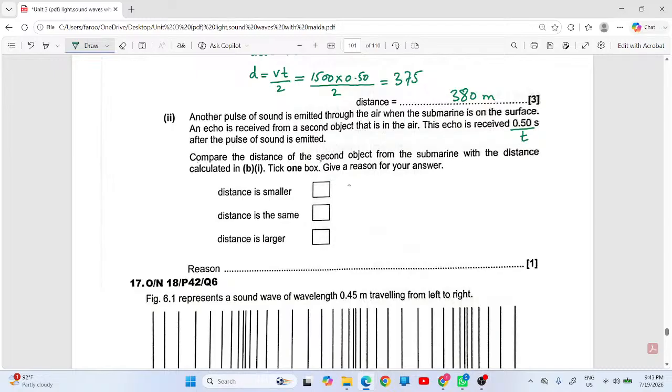Compare the distance of the second object from the submarine with the distance calculated in part 1. Tick one box and give a reason for your answer. The pulse of sound is in air.